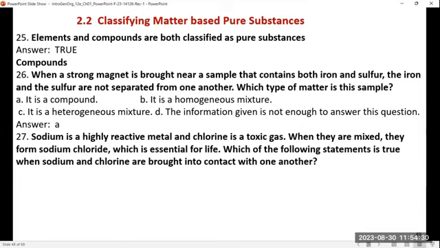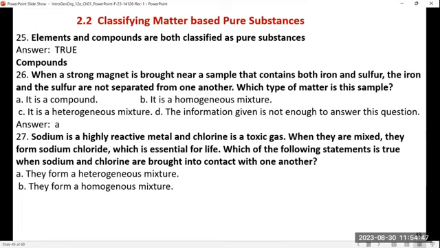In this problem, sodium is a highly reactive metal and chlorine is a toxic gas. When they are mixed, they form sodium chloride, which is essential for life. Which of the following statements is true when sodium and chlorine are brought into contact with each other? So they normally react with each other. A compound is formed. If they are unreactive, then you have a mixture, which could be homogeneous or heterogeneous.